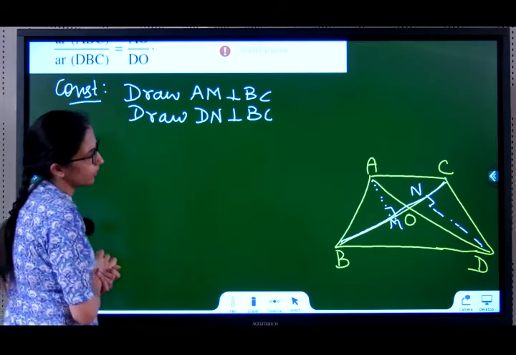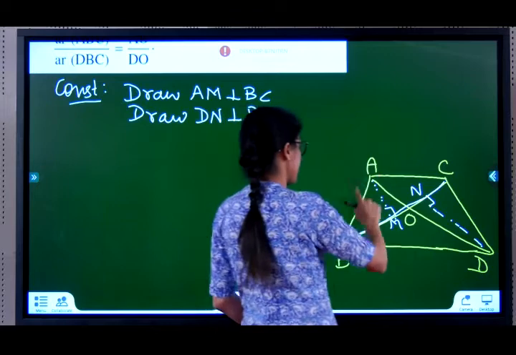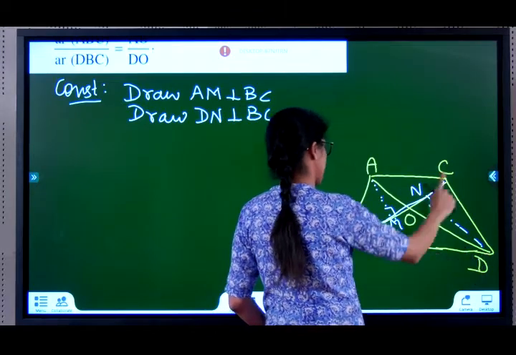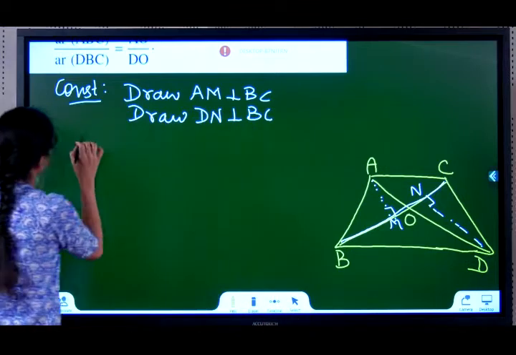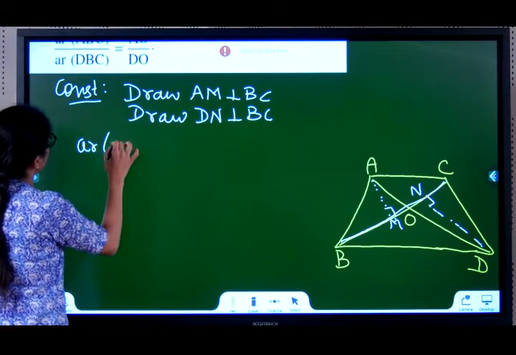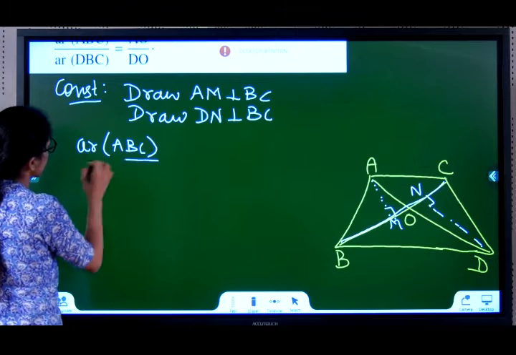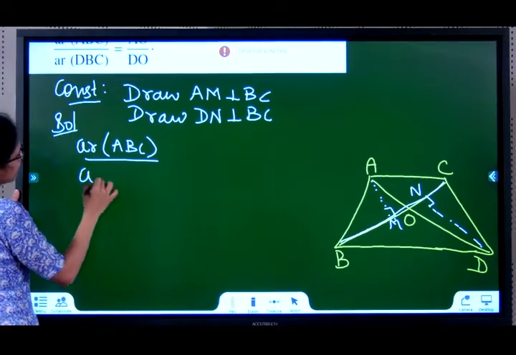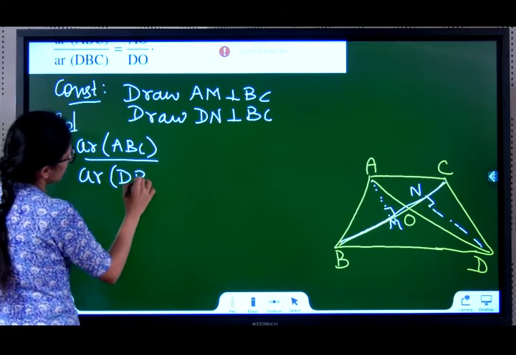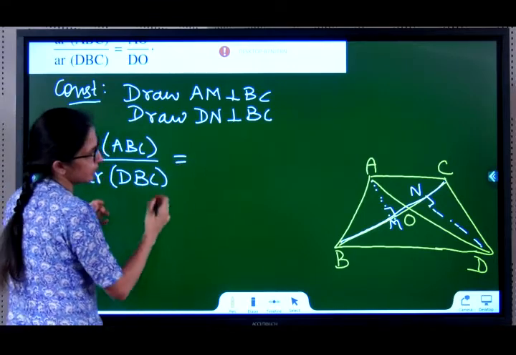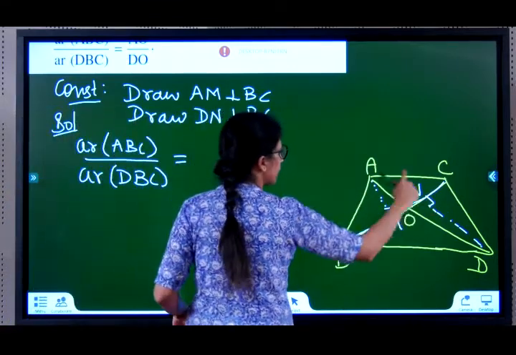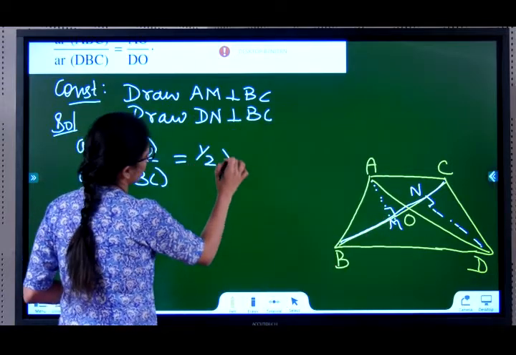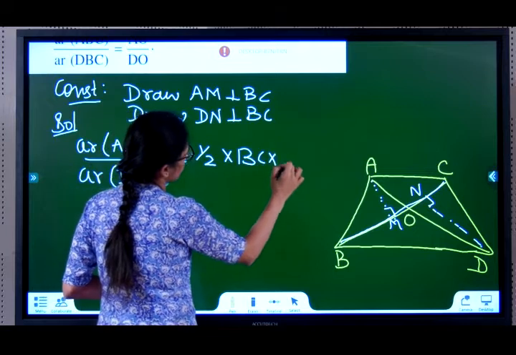Now here what we are going to do is take area of ABC and area of DBC. They've asked for that ratio. Area of ABC is half into base into height. Let the base be BC, then the height is AM.